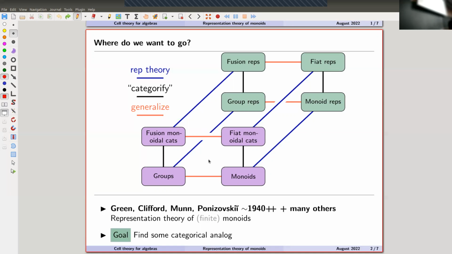Eventually, end up here. There are actually a lot more exotic examples in the last talk.